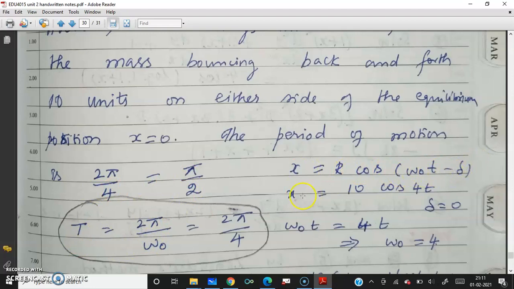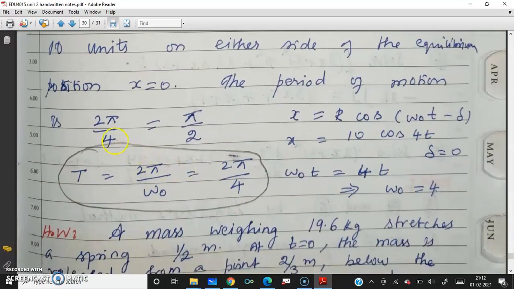Comparing with the given equation x equal to 10 cos 4t, delta is 0. Therefore omega naught t equal to 4t, omega naught is 4. So what is our period? T equal to 2 pi by omega naught, that is 2 pi by 4. We got the answer as pi by 2.